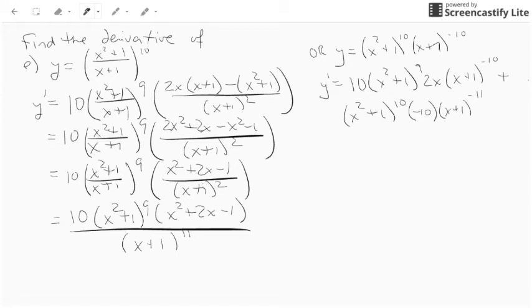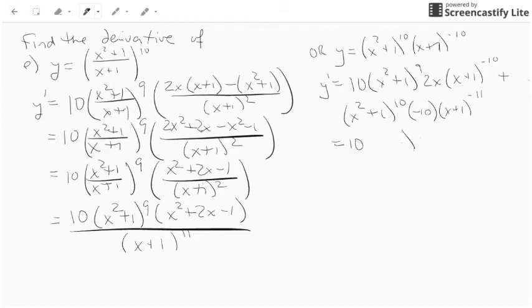Okay, good. Now, let's factor. Between those two expressions, I can see I have got a common 10. I'm going to take out an x squared plus 1. The smallest exponent on that will be 9.